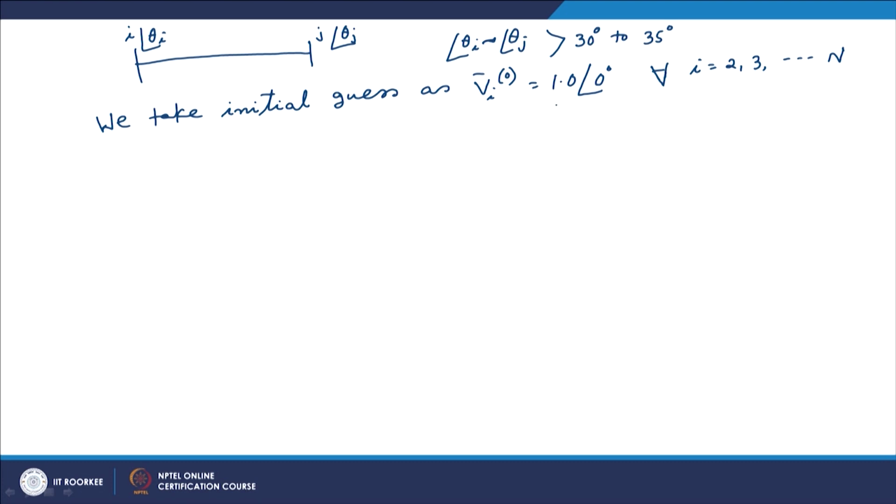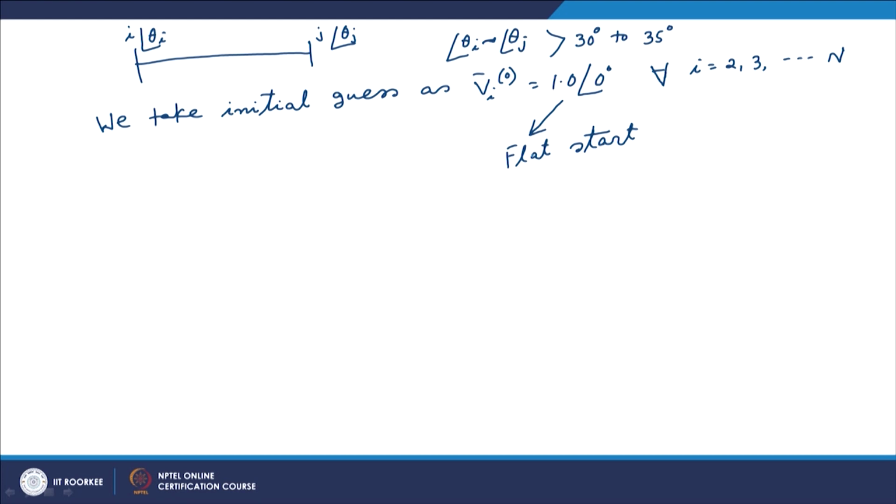Now, when we take the bus voltage magnitude initial guess to be the same, as well as the bus voltage angle initial guess to be the same for all the buses, we call it flat start. Flat means the same.